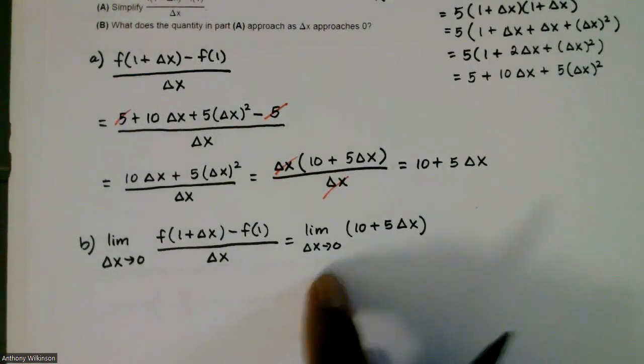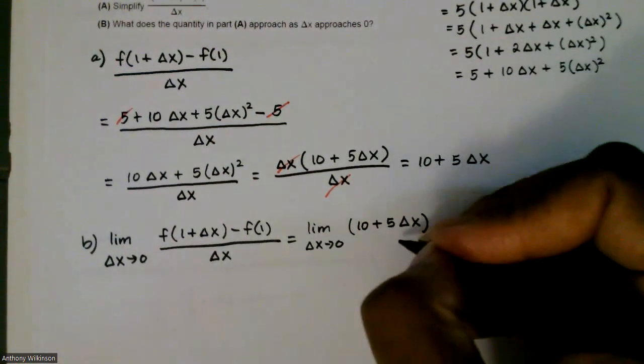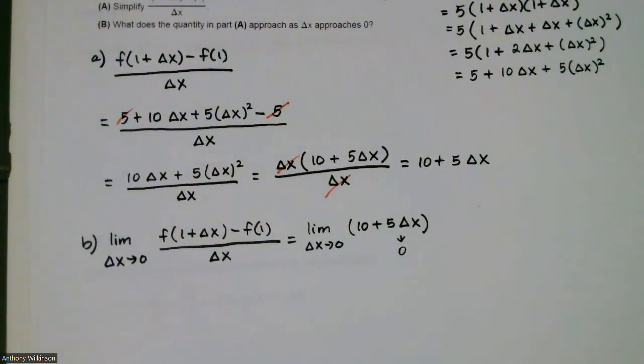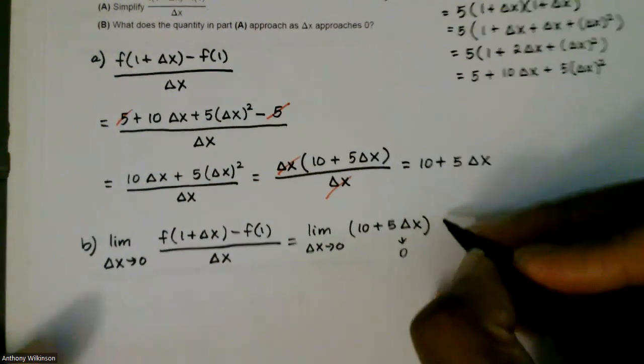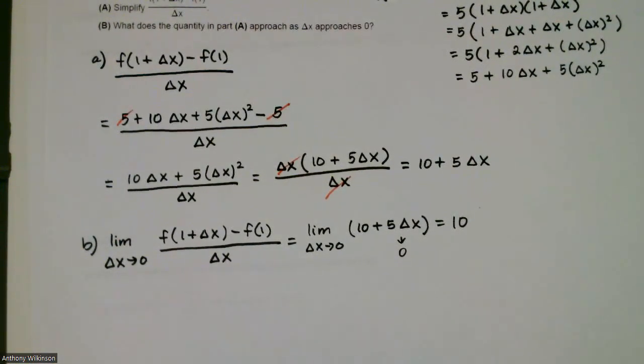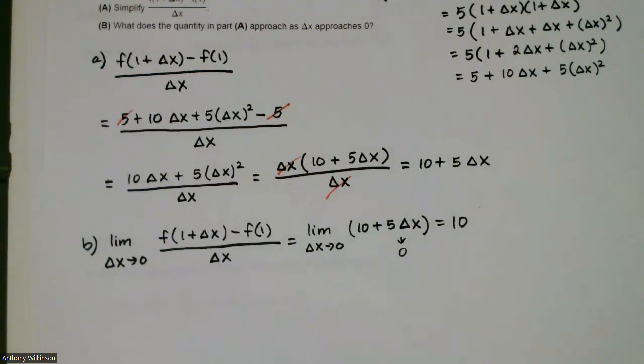As we let delta x approach 0, that means that 5 times delta x gets closer and closer to 0. It's going to approach 0. So all we're going to be left with is 10. And that's what they're looking for here. So as delta x approaches 0, the quantity in part A will be approaching 10.